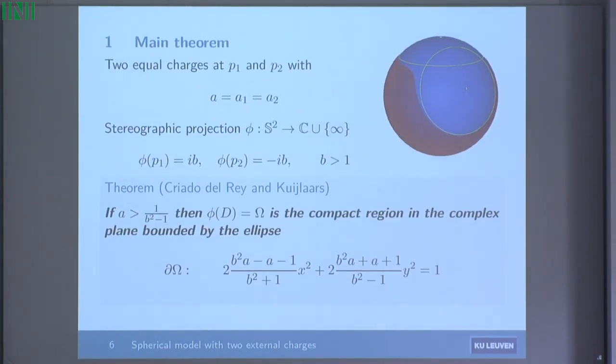But that turns out to be a region that's bounded by an ellipse. And the ellipse is in this particular form, x squared, y squared, with prescribed constants here. So that was kind of a surprise to us.